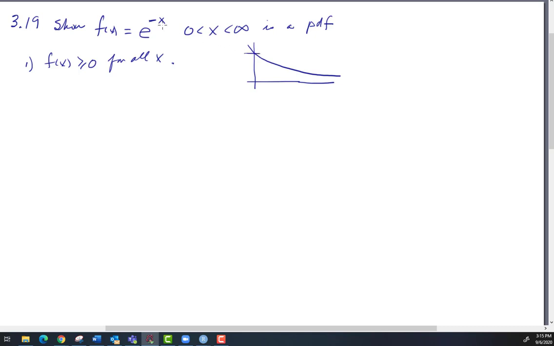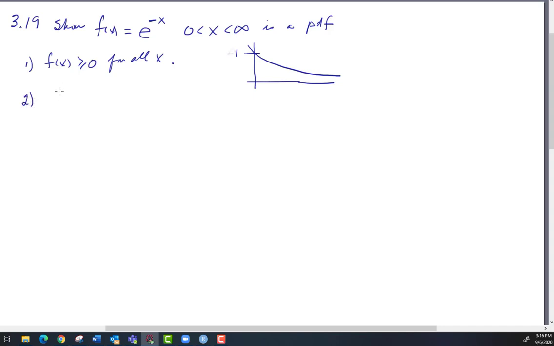Well, when x is 0, this would be e to the 0. E to the 0 was 1. So it crosses at 1, and asymptotically approaches 0. So it never gets into the negative numbers. So 1 is okay, 1 is satisfied.